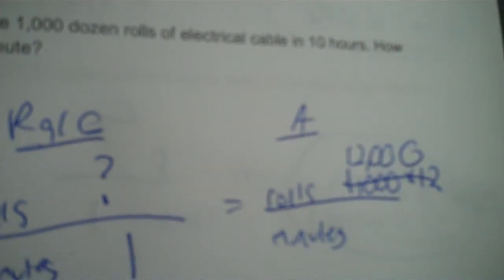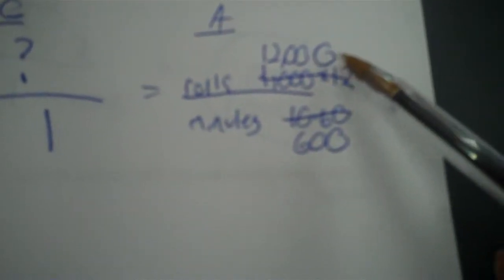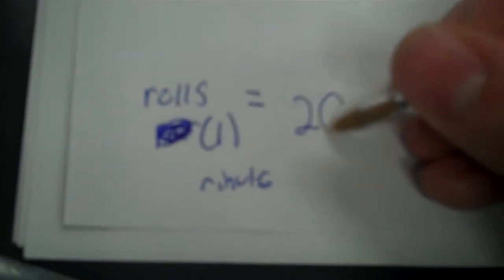Now the minutes, well it says 10 hours. Well, to convert the hours to minutes, you just take 10 times 60 because there's 60 minutes in an hour. 600. So this times this, so really it's just 12,000 divided by 600, and that is going to be 20 rolls in 1 minute.